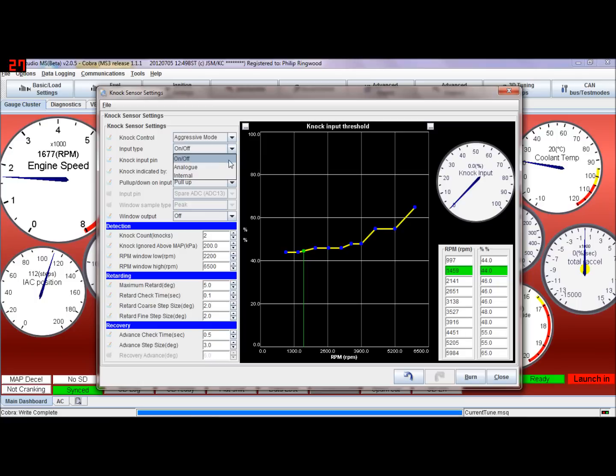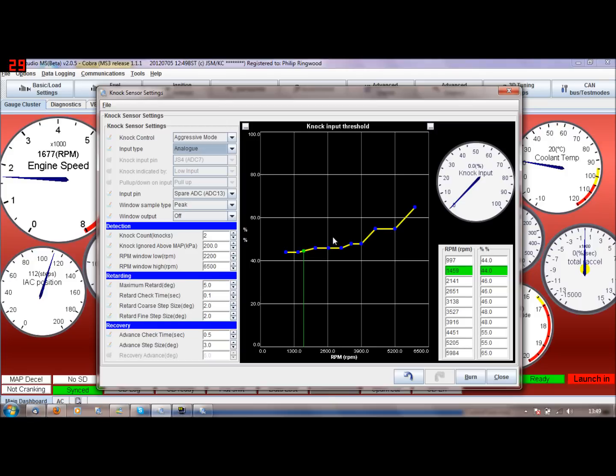With the analog system, you can allow it to detect a certain amount of noise before it switches in the knock system, so you generally have that a little bit lower at low RPM and higher as the RPM increases, because you're going to get a lot more valve train noise, piston slap and the likes, as the engine speed increases. You want to try and filter some of that out by increasing the level of volume that the ECU triggers on.